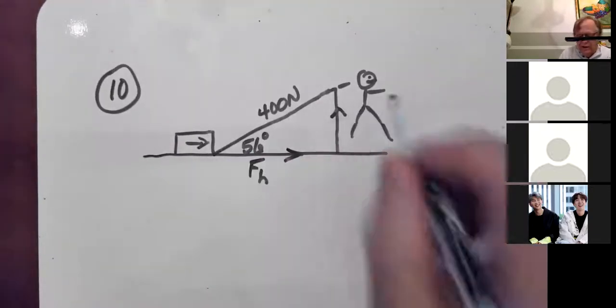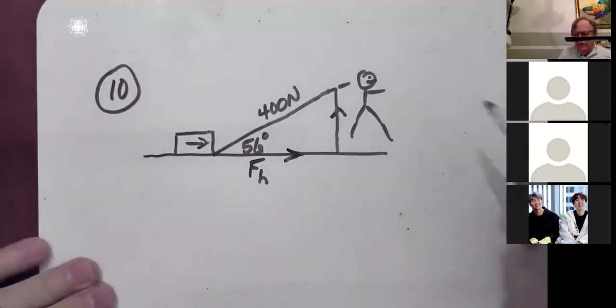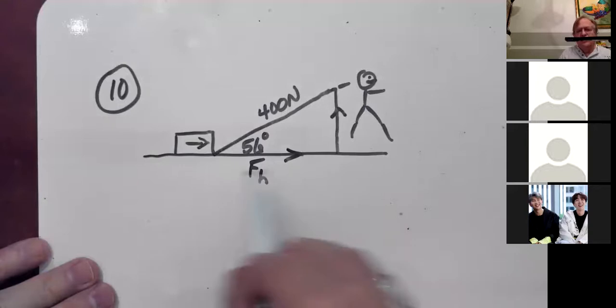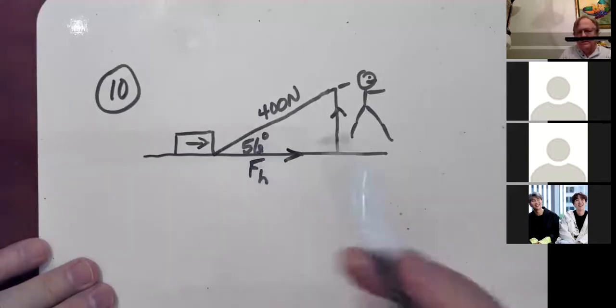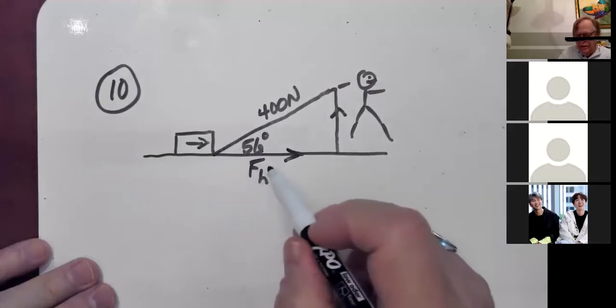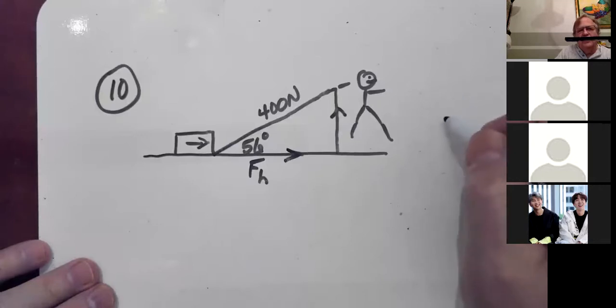So we're dragging this thing, and the problem becomes: what is that horizontal force right there? You go to your trig functions. See, this side is the adjacent side to that angle. If it's the adjacent side, which one of the trig functions has adjacent in it?